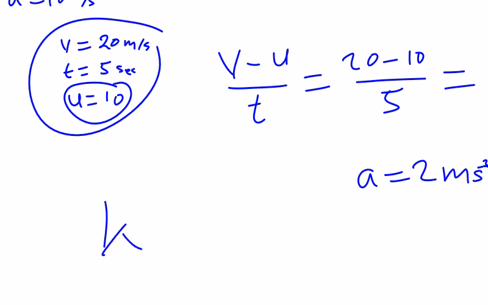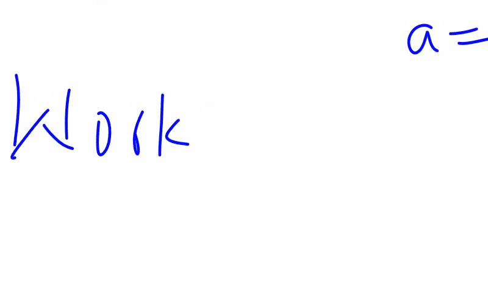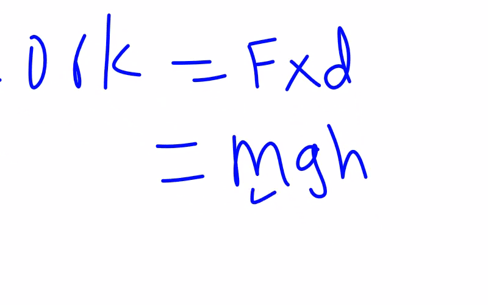We have work. Work also has a lot of formulas, even more than force. The formula for calculating work is force times distance. This is the first. The second one is mgh, that is mass multiplied by acceleration due to gravity, and also the height.